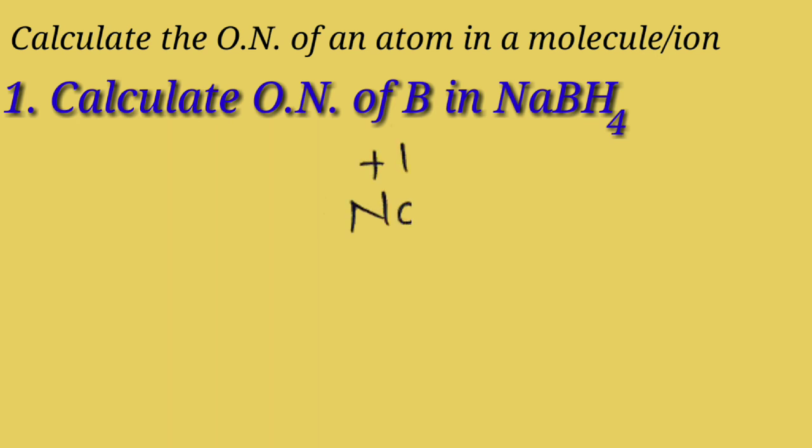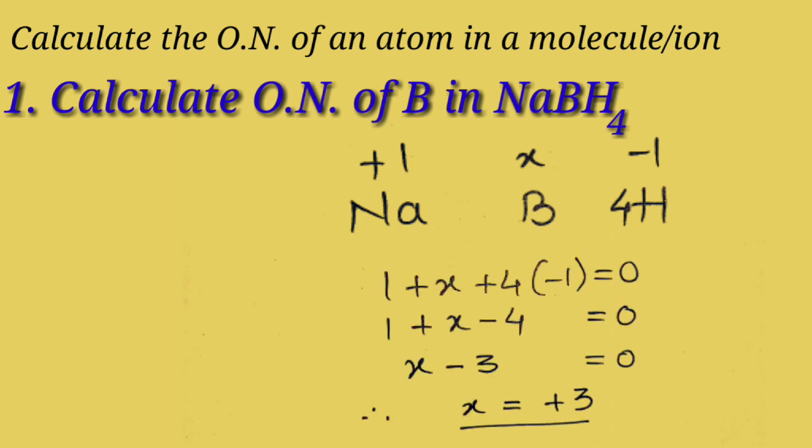Over here, hydrogen, as it is bonded to boron metal, its oxidation number is -1. So we need to calculate oxidation number of boron. So we can consider it as X. Now let us see the calculation. So over here, on substituting the values, we get the oxidation number of boron in sodium borohydride as +3.